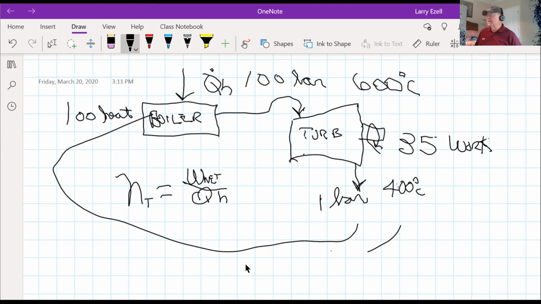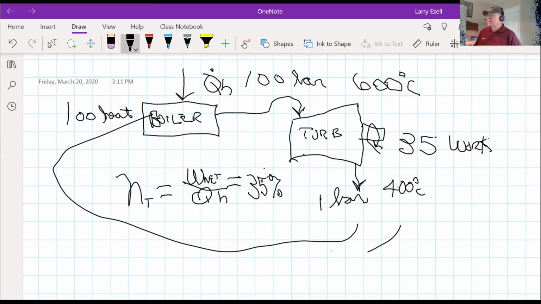But it's generally less than about 1% of the turbine output, so it's not a big deal. So the efficiency of the cycle is essentially the work net over QH, and in the case we just talked about, 35% would be a pretty good number.